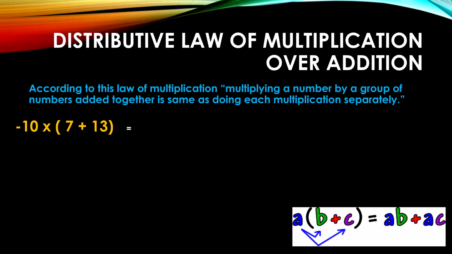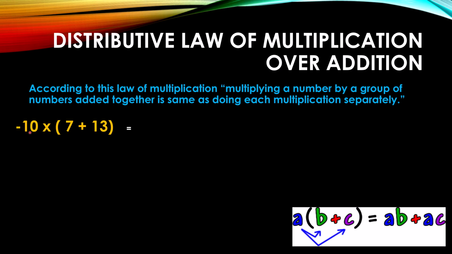We have three numbers, negative 10, positive 7 and positive 13. We will write them. We will put multiplication with the first integer and before the brackets, but between the brackets we will have the addition symbol.